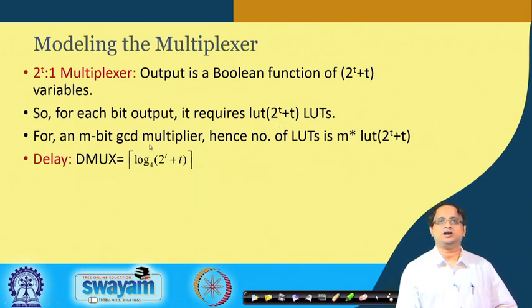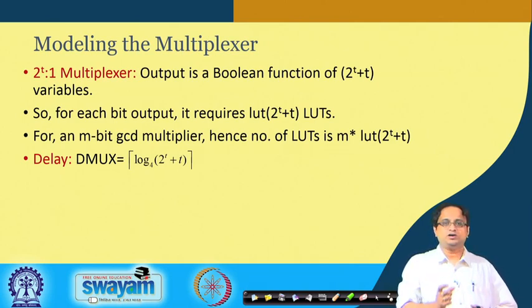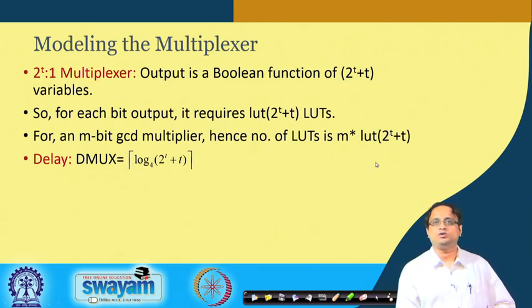Therefore, for an m bit multiplexer, the number of lookup tables is m into LUT of 2 to the power of t plus t. You can visualize that the multiplexer can be broken up into m multiplexers, all working in parallel. So the number of lookup tables will be m times the number required to implement one multiplexer, which is LUT of 2 to the power of t plus t.